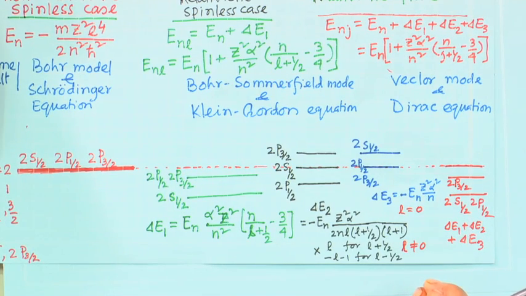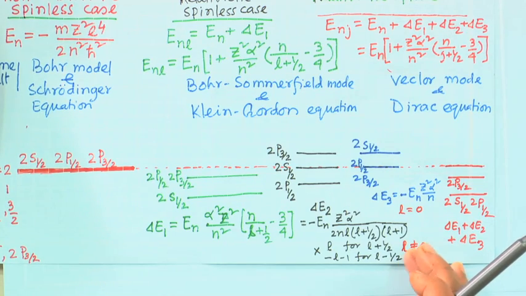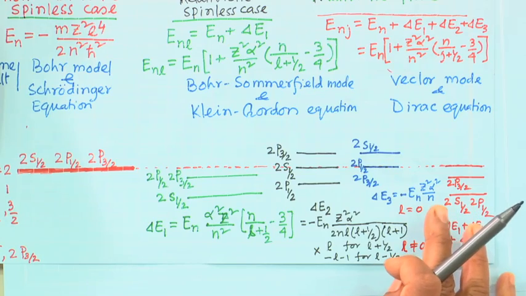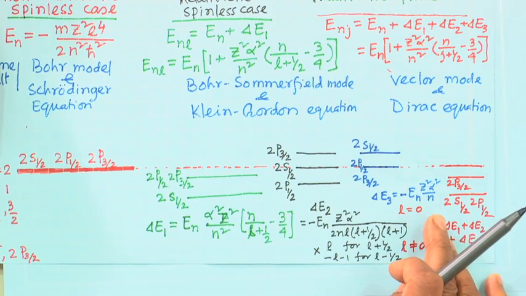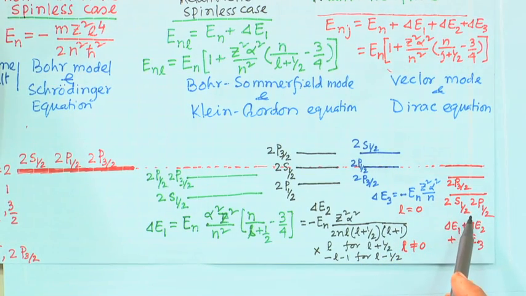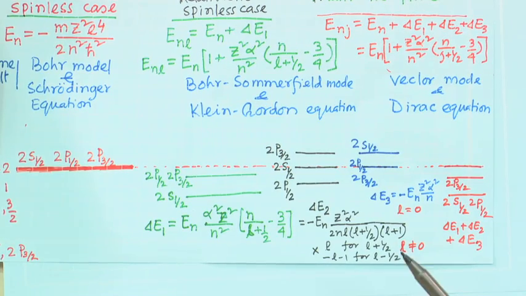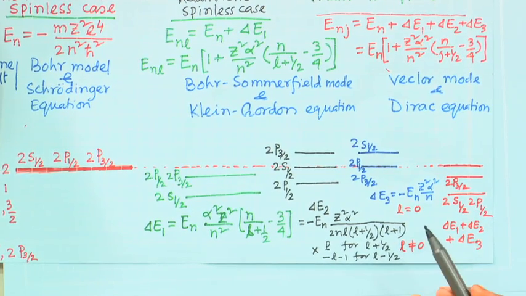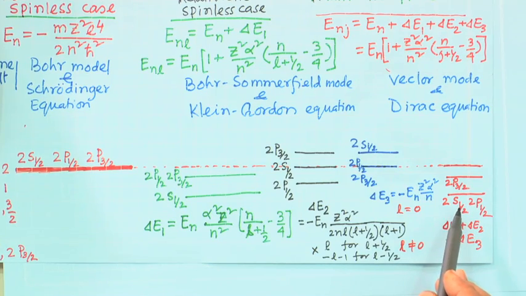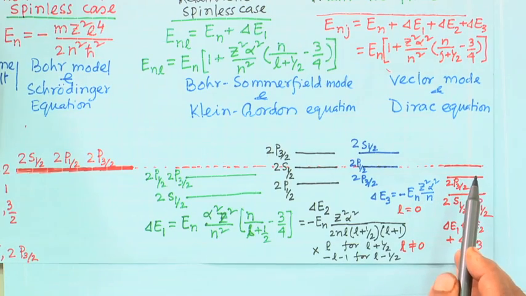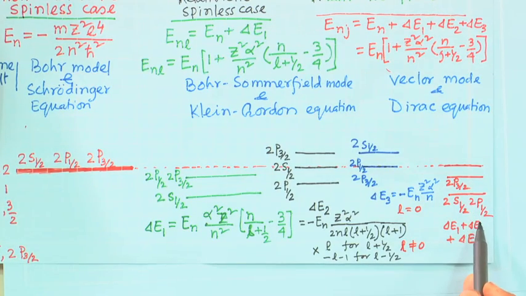And this energy difference, this shift of S1/2 from P1/2: as per the Dirac theory, they should have the same energy, but in reality the radio wave experiment shows that they do not have the same energy. S1/2 is shifted upwards from the P1/2.